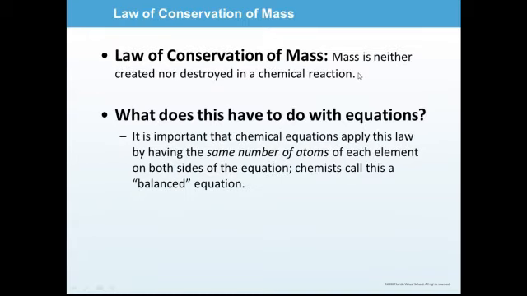The law of conservation of mass is extremely important in Lesson 4.02. It says that mass is neither created nor destroyed in a chemical reaction. So what does this have to do with equations? It's important to understand the law of conservation of mass, as that is why we have balancing equations.